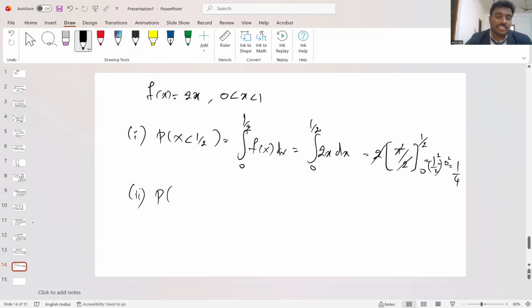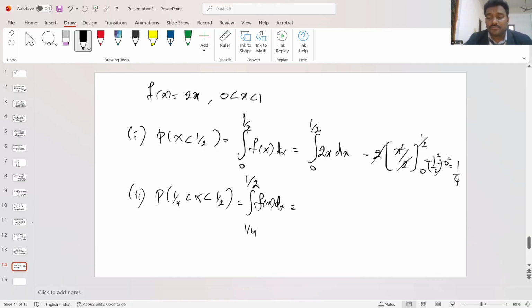And now I am taking from 1 by 4 to 1 by 2. So it is 1 by 4, obviously the lower limit, and 1 by 2 will play the upper limit, and f of x dx.